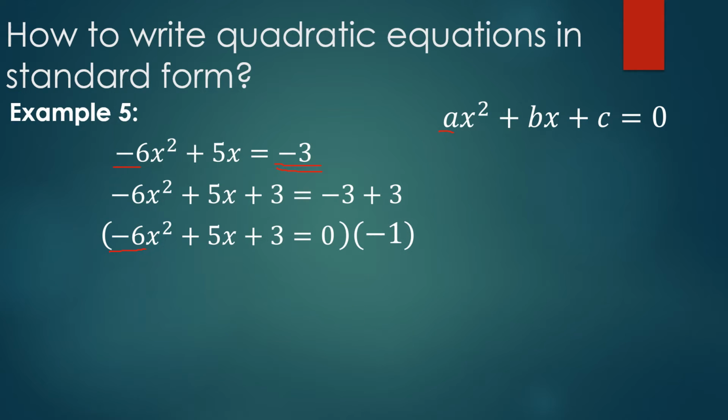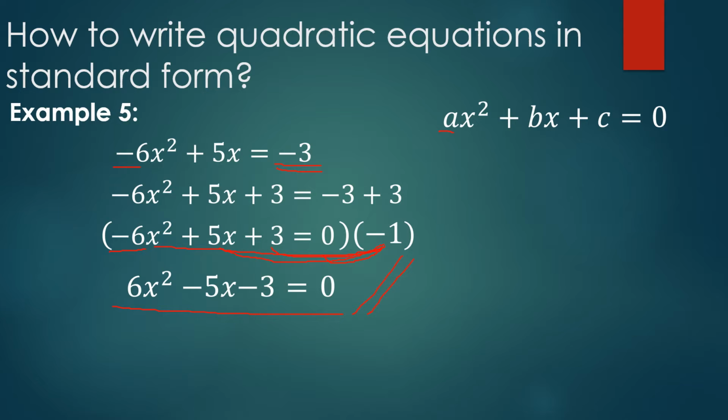So negative 1 multiplied by negative 6, we have a positive 6x squared. Then negative 1 multiplied by positive 5x, we have negative 5x. Then negative 1 multiplied by positive 3 is negative 3, equals negative 1 multiplied by 0, which is 0. See? Our quadratic equation is now written in standard form.